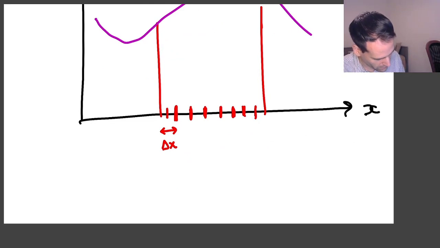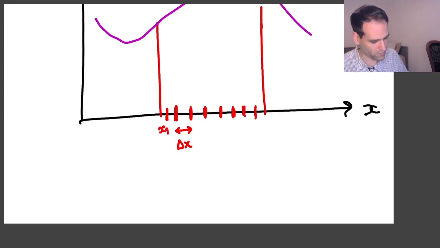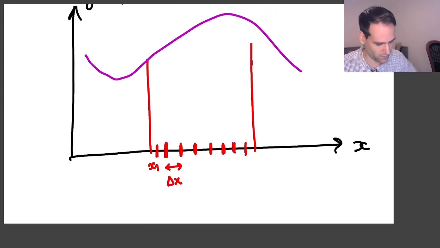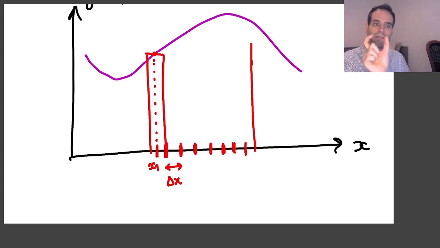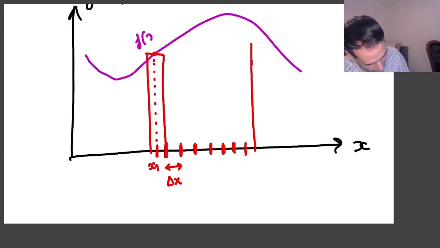Let me move this delta x to another place. This point here we call x1 because it's inside of the first interval. This corresponds to a certain height of the function, and therefore we draw a rectangle with a width delta x and a height given by the function evaluated at xi. So this is f of x1.